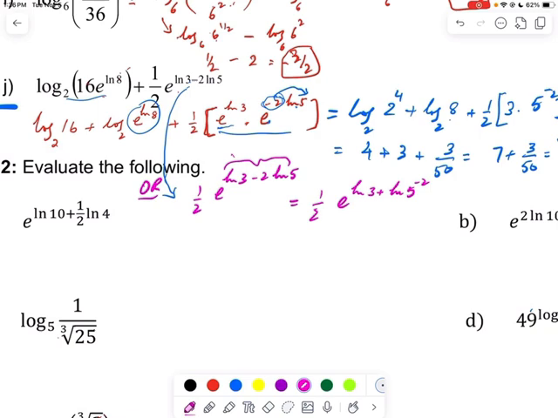Or I can write ln of 3 minus ln of 5, which will then give me 1/2 e to the ln of 3. Can I do that? No, I have to put the 2 here, remember? So 3/25.